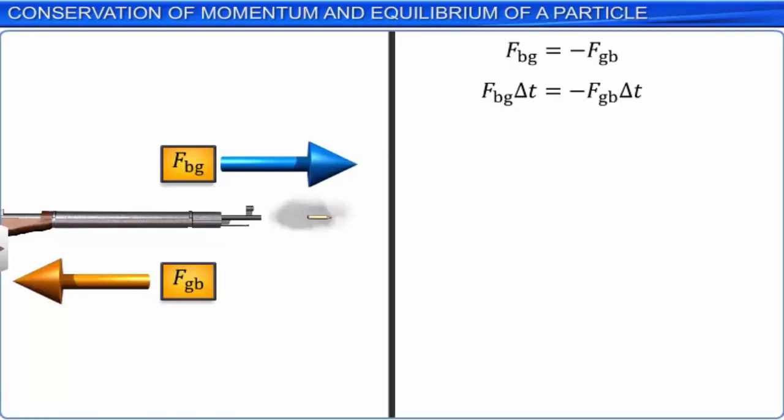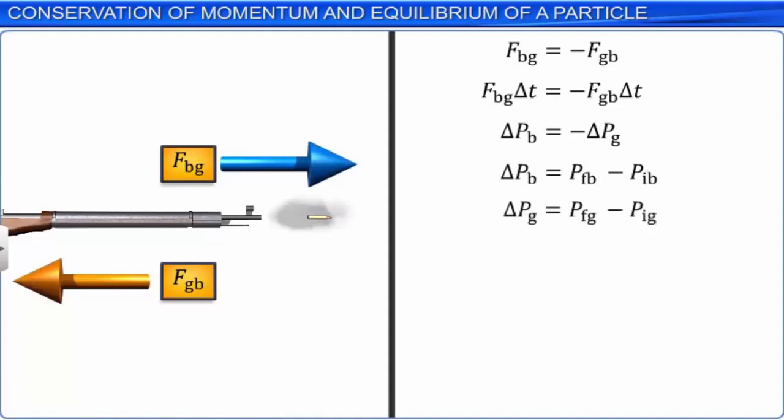From Newton's second law of motion, the product of FBG and delta T is the change in momentum delta PB of the bullet. Similarly, the product minus FGB delta T is equal to the change in momentum delta PG of the gun.